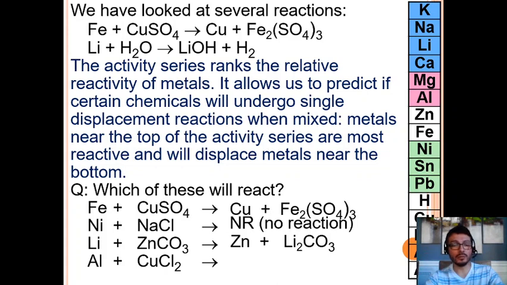Okay, now aluminum and copper. If we find aluminum, it's right here, and copper is below it. So the question is, will aluminum displace copper? Well, because it's above it, it will displace copper, and a reaction does take place. Again, this reaction has to be electrically balanced. So we see copper as a precipitate and aluminum chloride. Aluminum has a +3 charge.